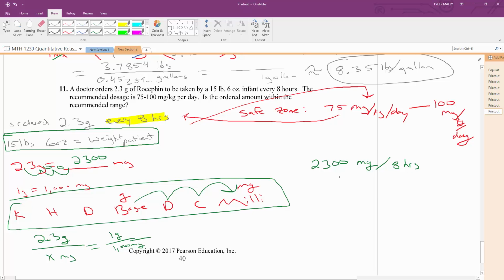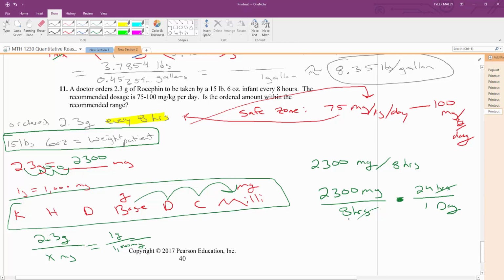If I want to convert this into days, I take 2,300 milligrams over 8 hours, and there are 24 hours in one day. If I multiply this, my hours will cancel, and I'll get this in terms of milligrams per day.